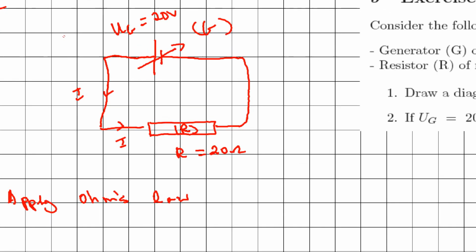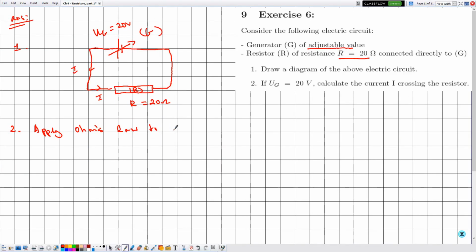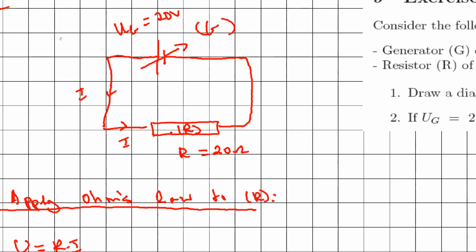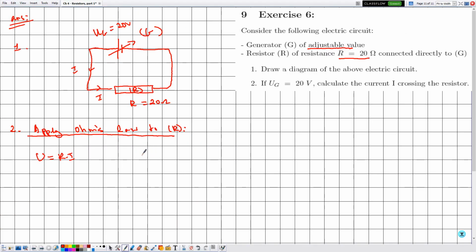Here notice that we are applying Ohm's law to the resistor R and not to the generator G. And Ohm's law is given by U is equal to R multiplied by I. Now notice that because R is connected directly to the generator G and the generator is adjusted to 20 volts, then the voltage across the resistor is given by 20 volts.